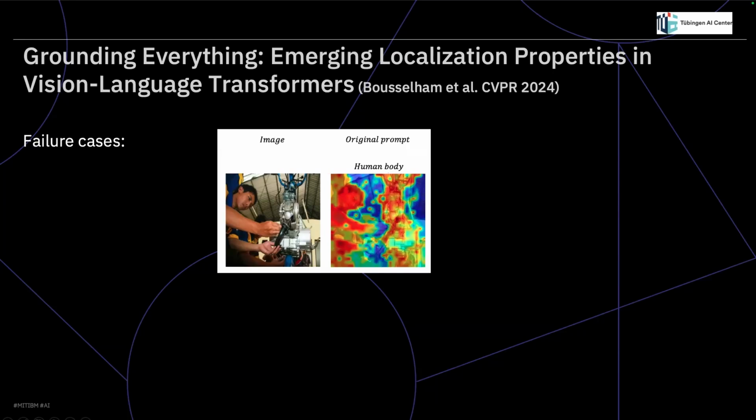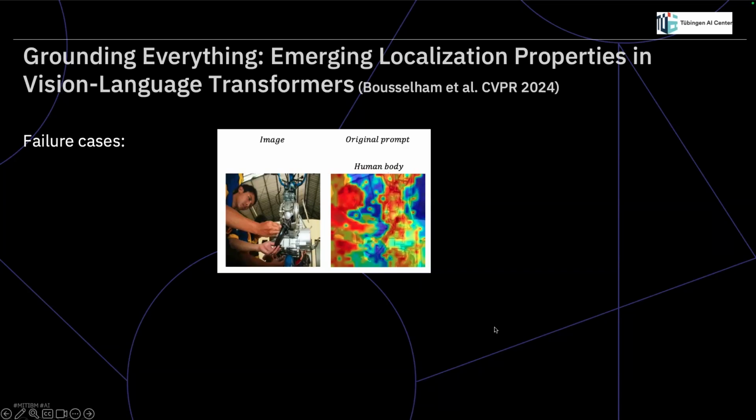To give you an idea, here we have an image from the OpenImages V7 dataset. The original prompt for this image was "human body." Now you can see, okay, it got the human, but technically it also labeled everything else in the image. So we were wondering, what went wrong here?